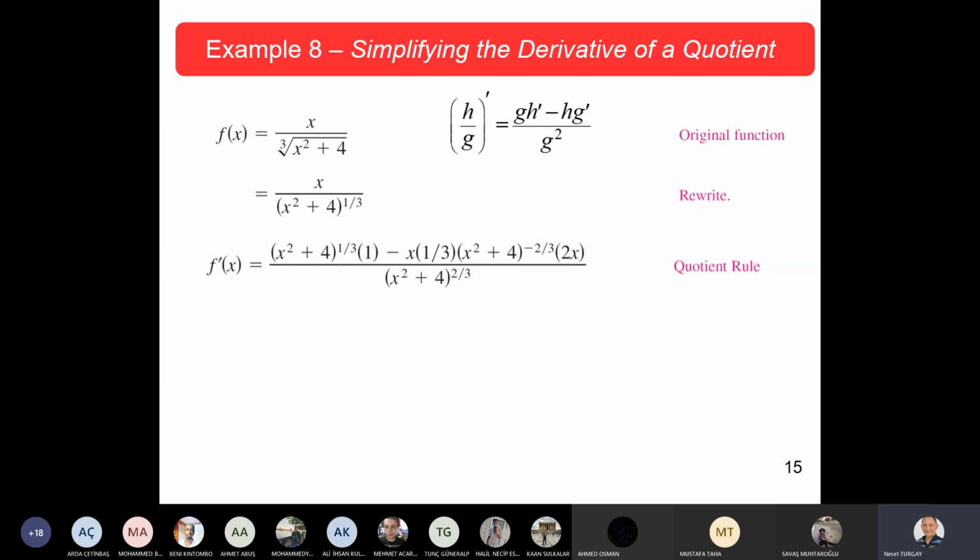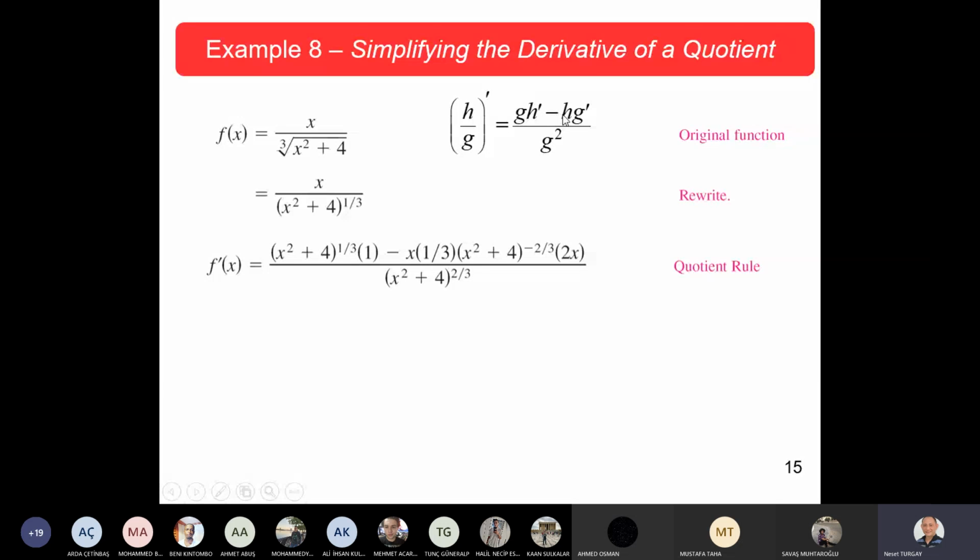Now h is this numerator, g is the denominator. Use the formula. What was it saying? Denominator times the derivative of h, the numerator. The derivative of x is 1. Okay, minus, you put minus from the formula.